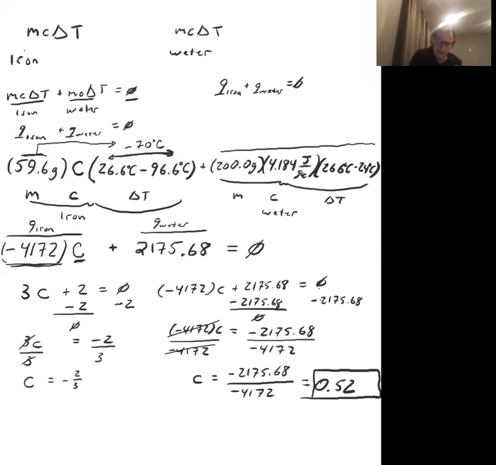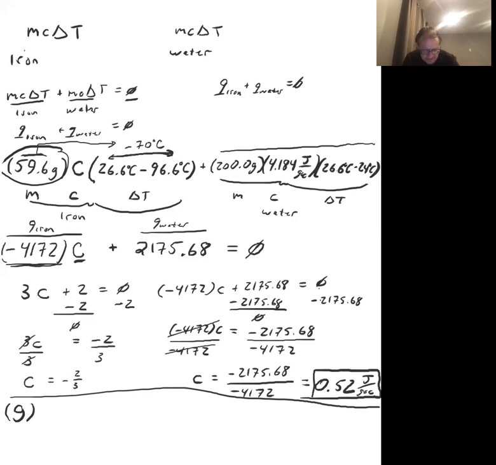Okay. Now, I didn't show the units throughout the entire process, so let me just show them to you separately just so you can see where they come from. This should be in joules per gram degree C, because that's the units of specific heat. So I'm going to come back all the way up here, but I'm just going to show you the units. The mass is in grams.